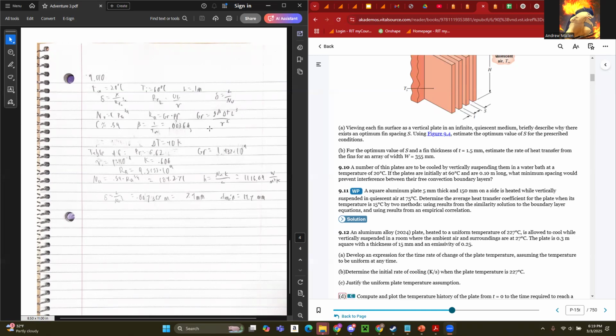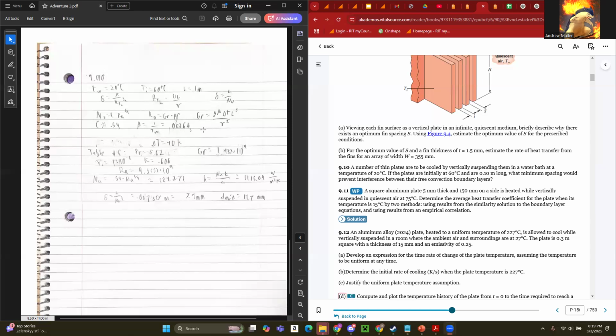Delta T is equal to 40 Kelvin. The kinematic viscosity of water at that temperature is equal to 1 times 10 to the negative 6. Then there's also the conduction coefficient, 0.606 watts per meter Kelvin.